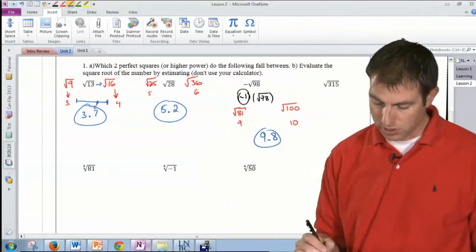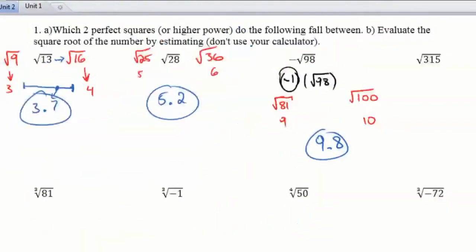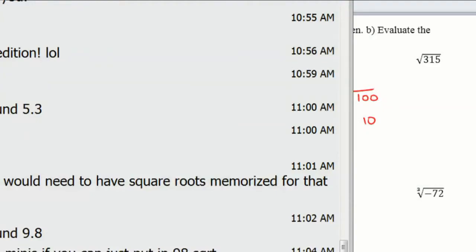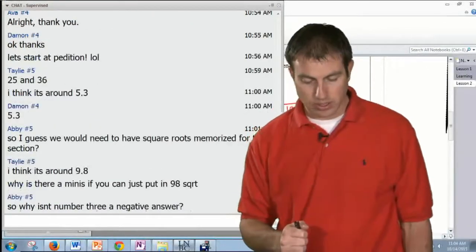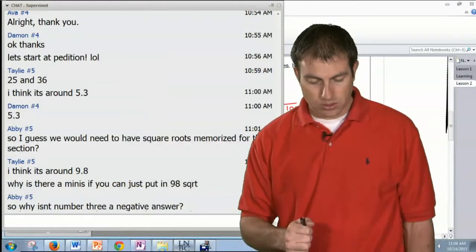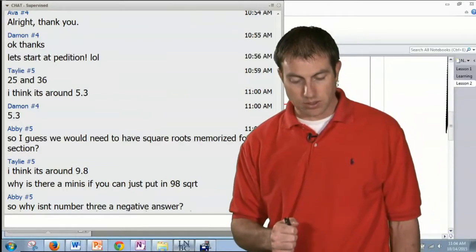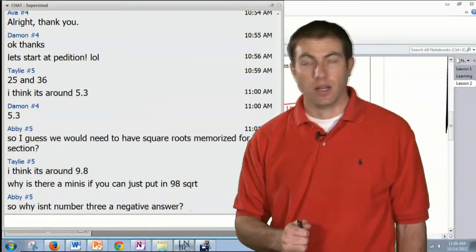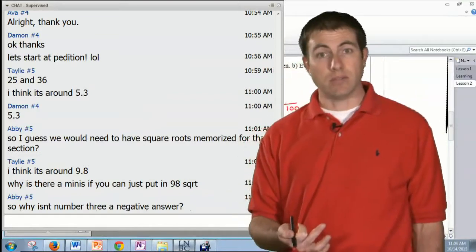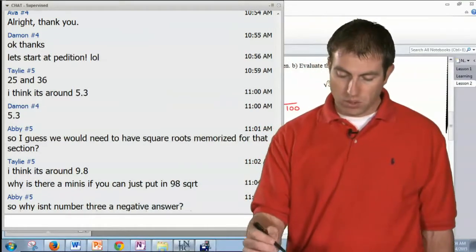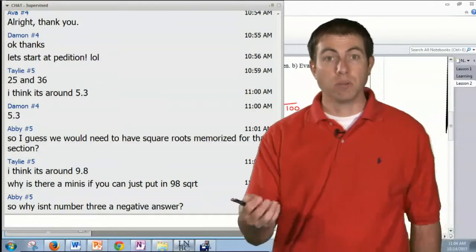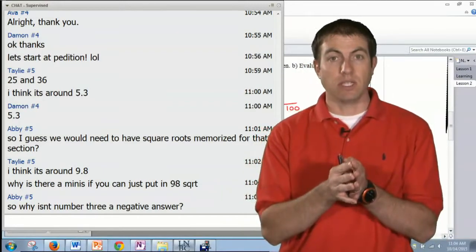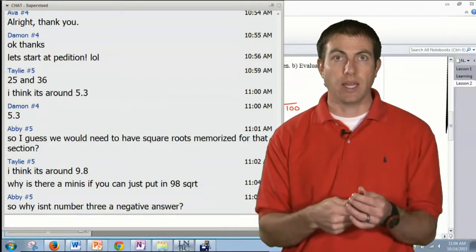So Taylor's asking a question about why there is a minus if you can't just put in 98 squared. So why isn't the answer negative? That's a really good question. You can't take the square root of a negative number, because if you think about what a square root means, it's what number multiplied by itself gives us that value.